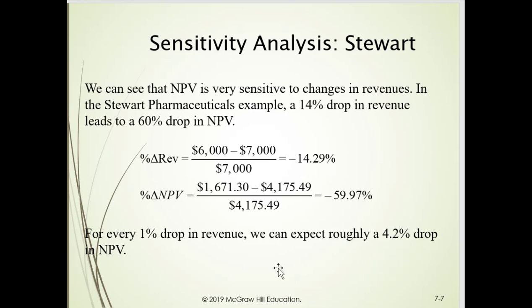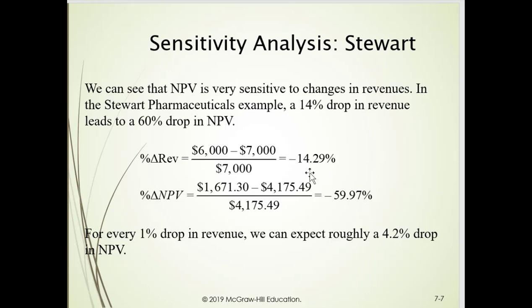So now, what did we find out about this project? If revenue drops by $1,000, the percent change in revenue is roughly negative 14.3%. If that's true, net present value drops roughly 59%. So for a 14% drop in revenue, we have almost a 60% drop in net present value.